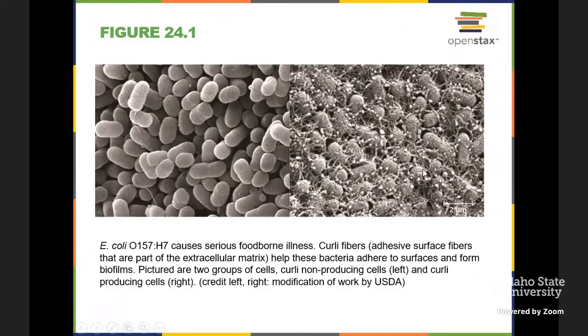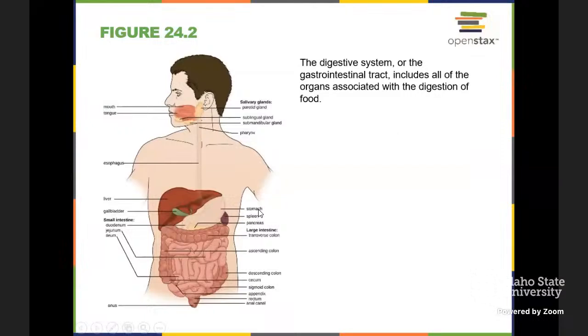This is a virulence factor that O157 harbors, like Velcro. It helps them to adhere to surfaces, starts the formation of biofilms, and lends a greater level of pathogenicity as a result.